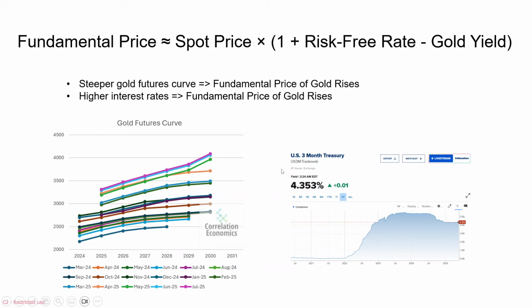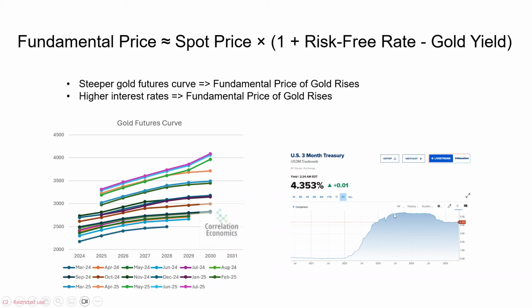So if you see that the Fed is going to hike rates to 5%, 6%, and the spot gold price doesn't go down and stays the same, then the fundamental price will go up higher and higher. Okay, if this is the same and this goes up with higher interest rates, then the fundamental price will go up as well.